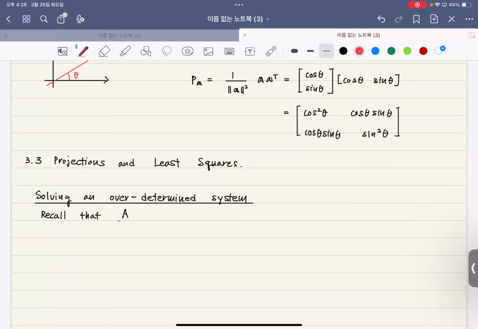I have an m by n matrix. And this system has a solution if and only if b is a member of the column space, right? So that was easy.